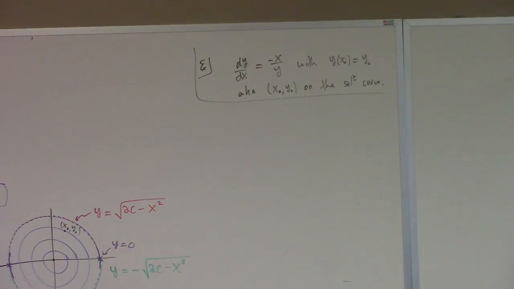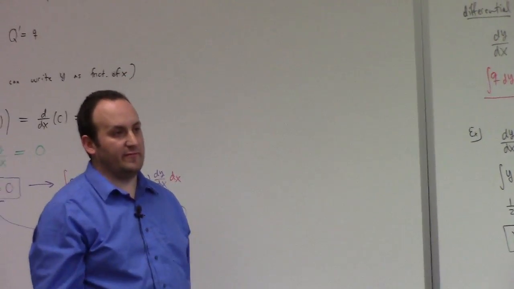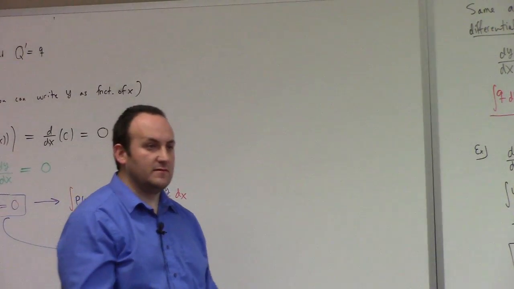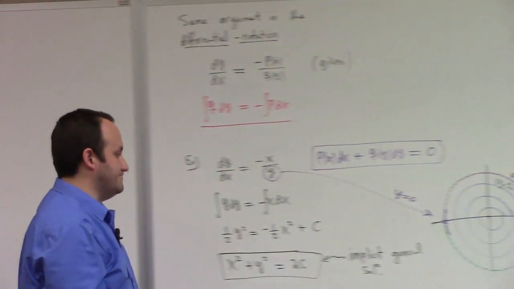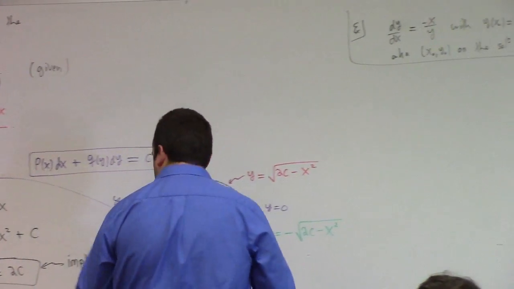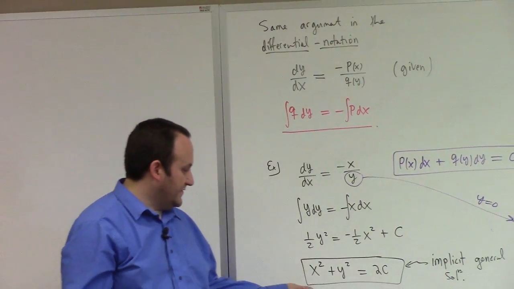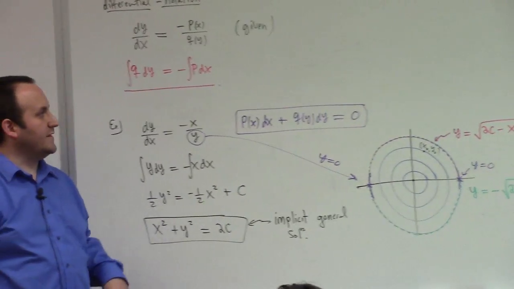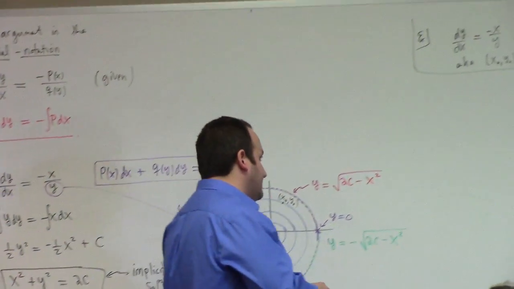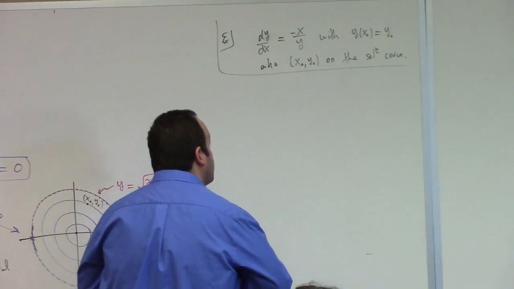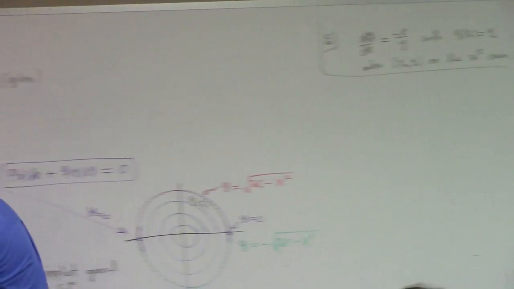Your textbook calls these integral curves of the differential equation, which is a pretty good term for it. You get it from integrating the differential equation. These are also known as level curves, more on that, or sometimes they're called contours.